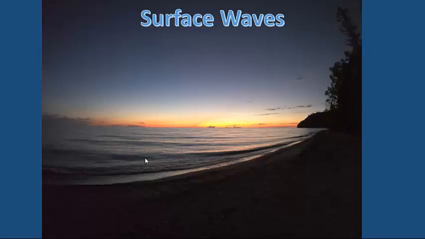Surface waves are the waves that you find on the surface of lakes and large bodies of water. You find that they appear when it is windy, and on windy days the waves appear and they propagate on the water towards the shore.